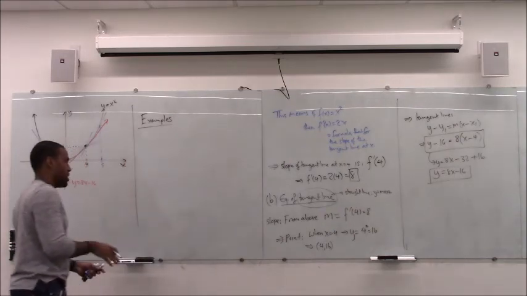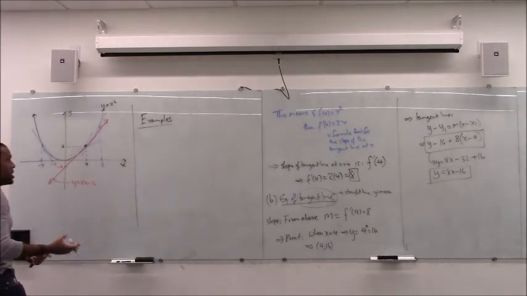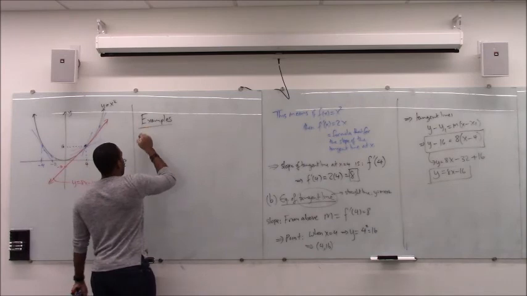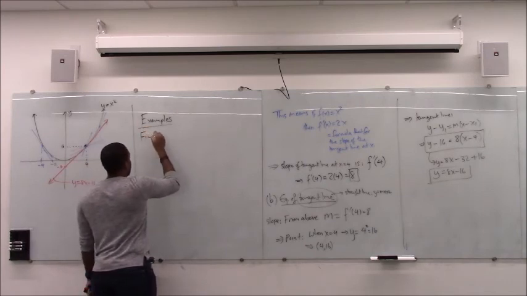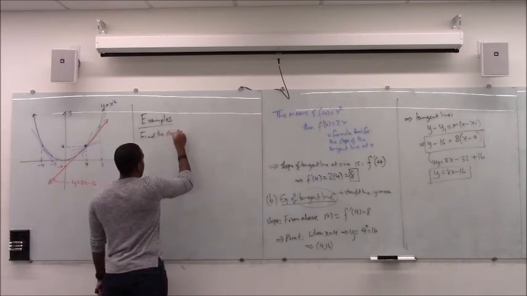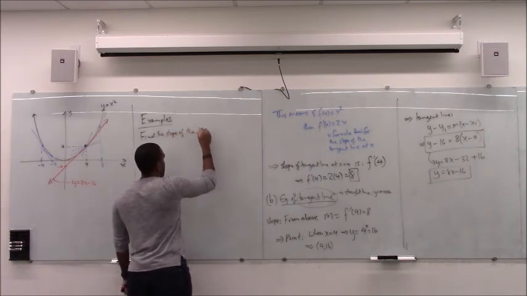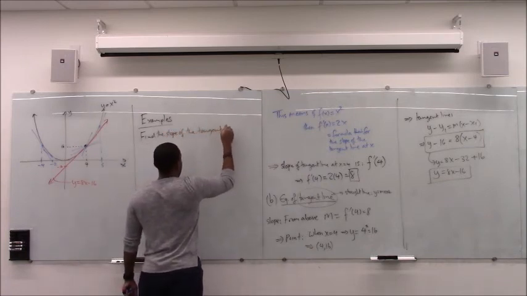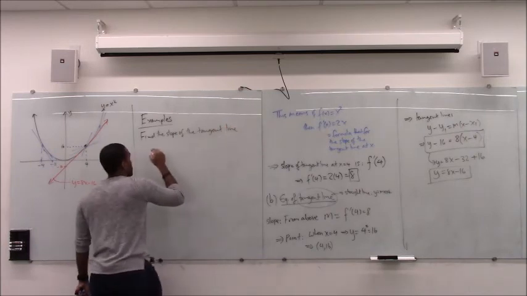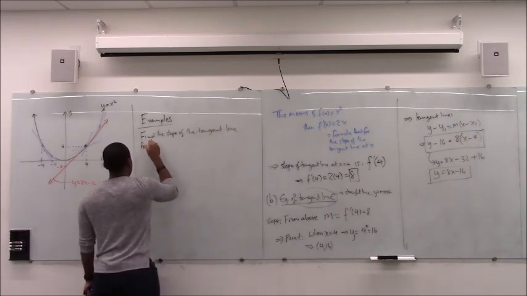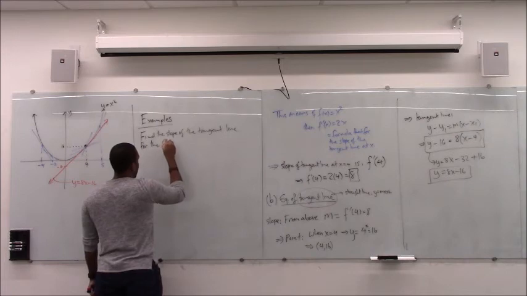Right now I just want to make sure that we understand computationally how to approach this. Okay, find the slope of the tangent line for the following.